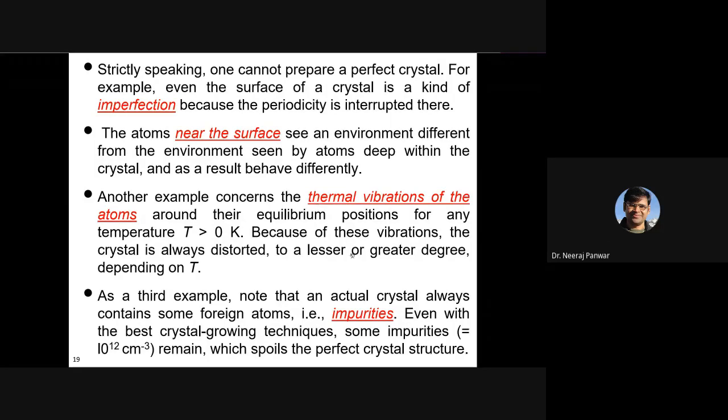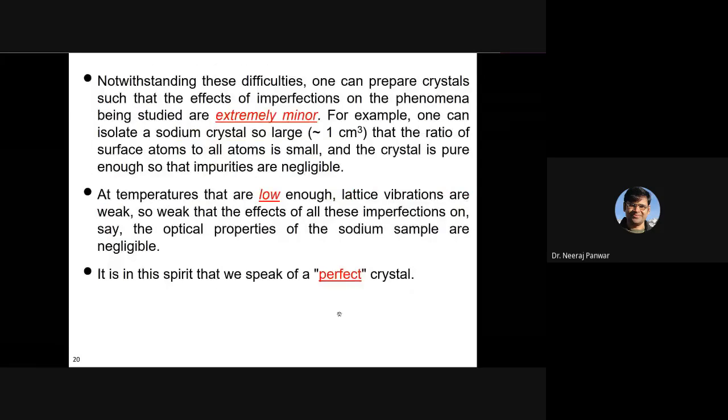The third one is the impurity of other atoms inside the crystal. But what we can do is try to minimize these errors. We can prepare crystals such that the effect of impurity on the phenomena being studied is extremely minor.